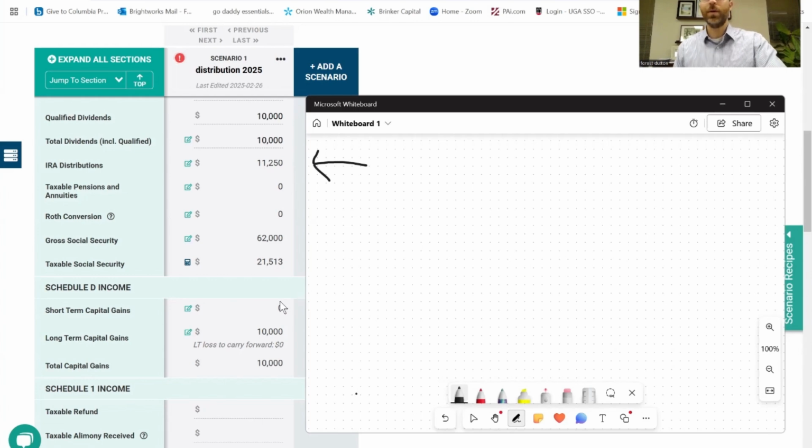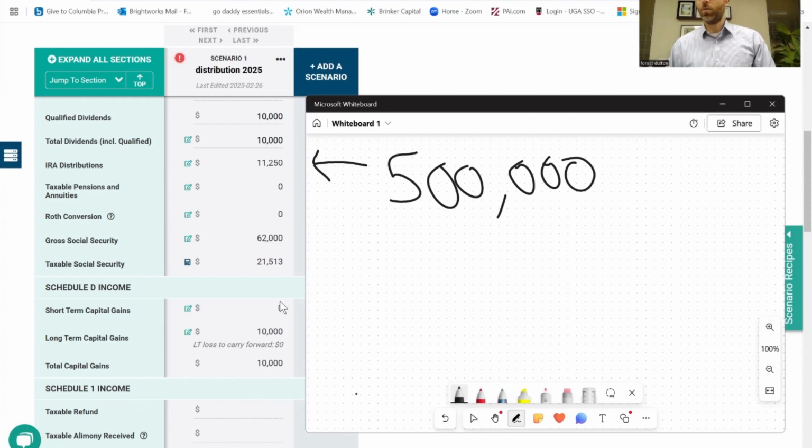Let's say you have an IRA that's $500,000. And let's say you're following the 4% rule on that 500,000. So basically every year you're going to take out your $20,000. Now, this is where this planning and knowing how all this works together becomes really important.